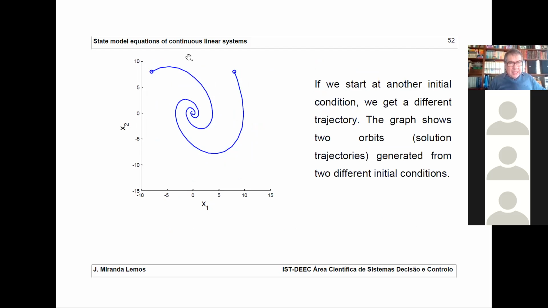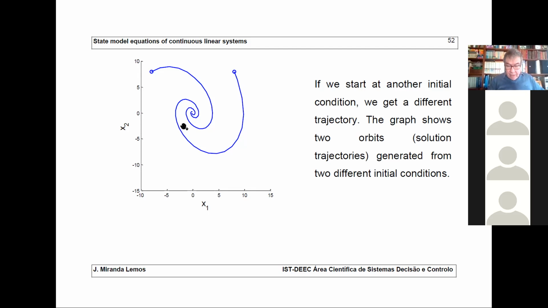Now, you could start at any point in space, okay? And you would get infinitely many of these trajectories. I call them orbits, okay? Chamo estas trajetórias órbitas no espaço de estado, ou trajetórias no espaço de estado. Remember that time is running, and when time runs, you are moving along these trajectories.